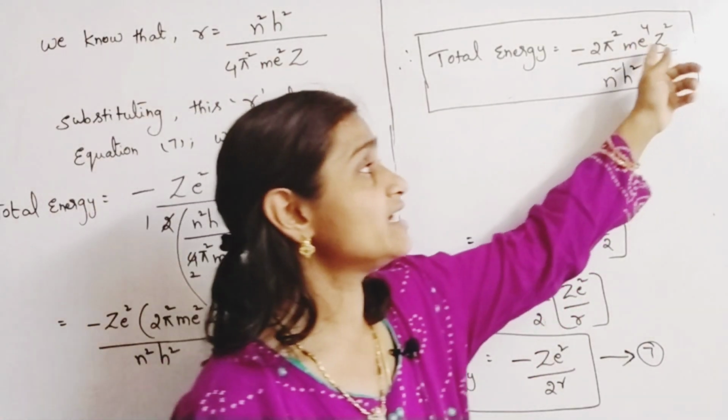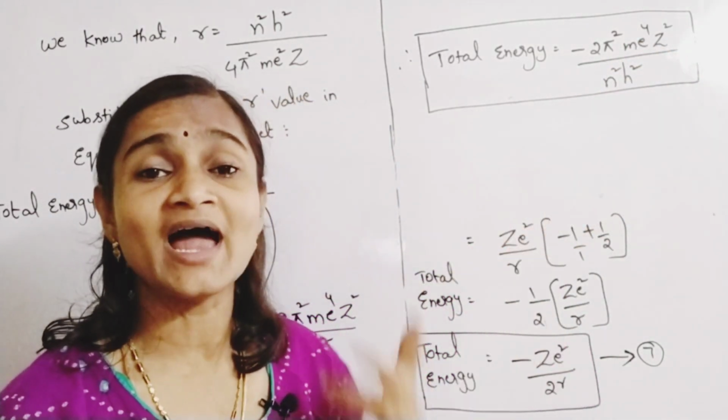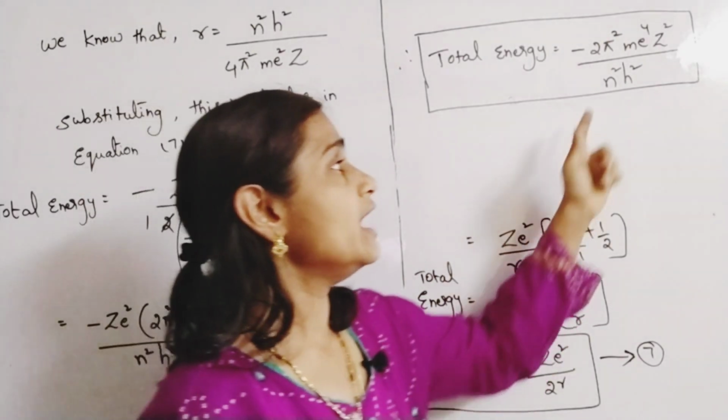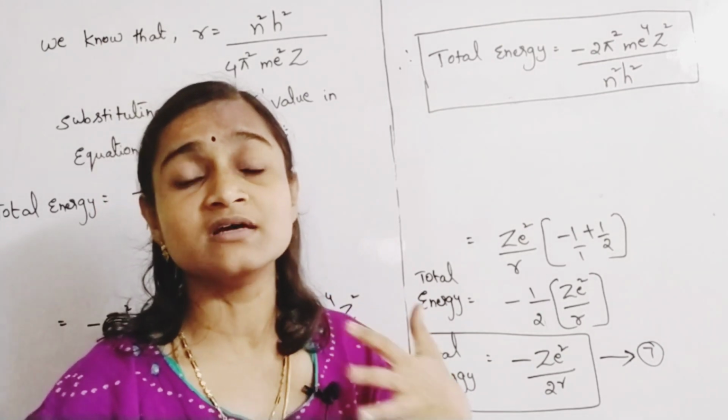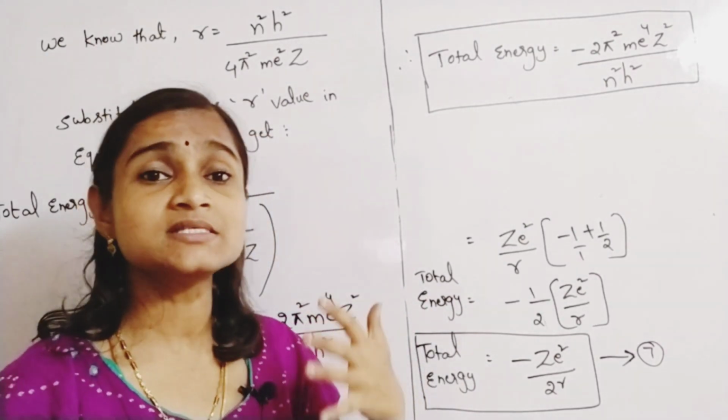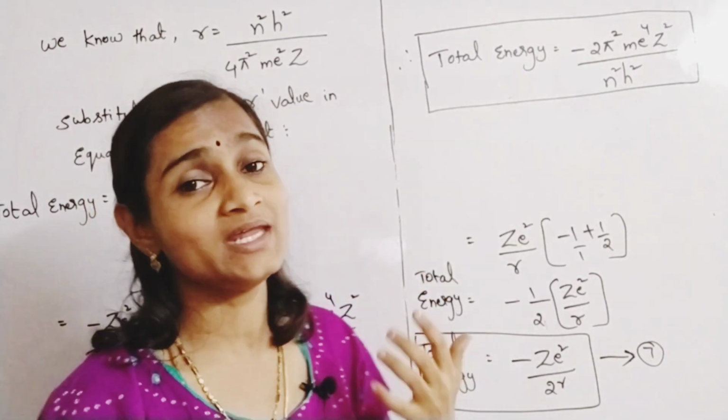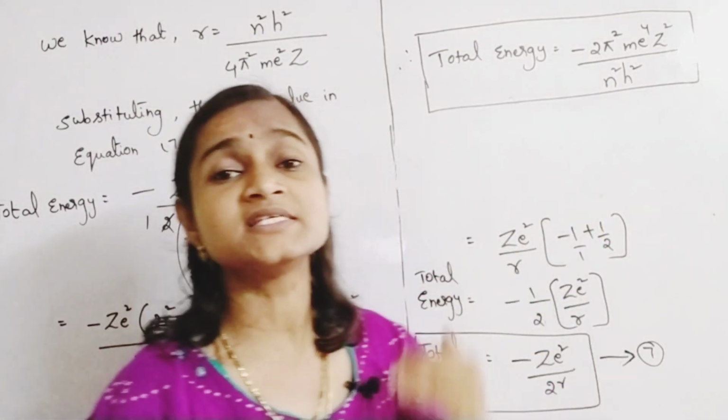The Z value depends on the type of atom you take, and the n value depends on which orbit the electron's energy you are calculating. So that is variable; n keeps varying. I am speaking about fixed values.